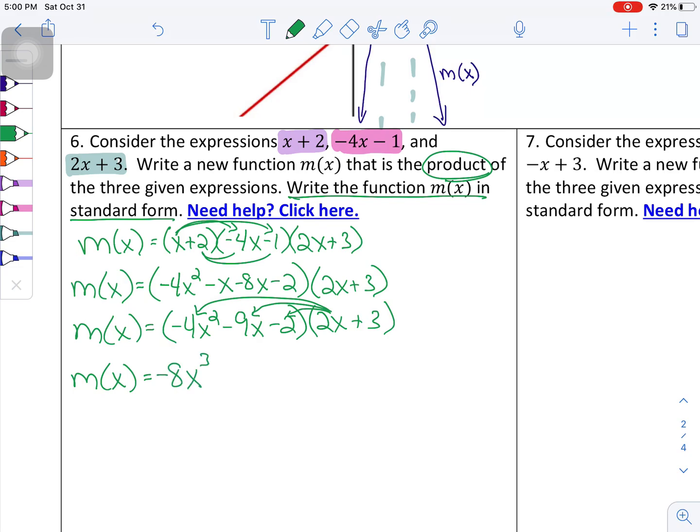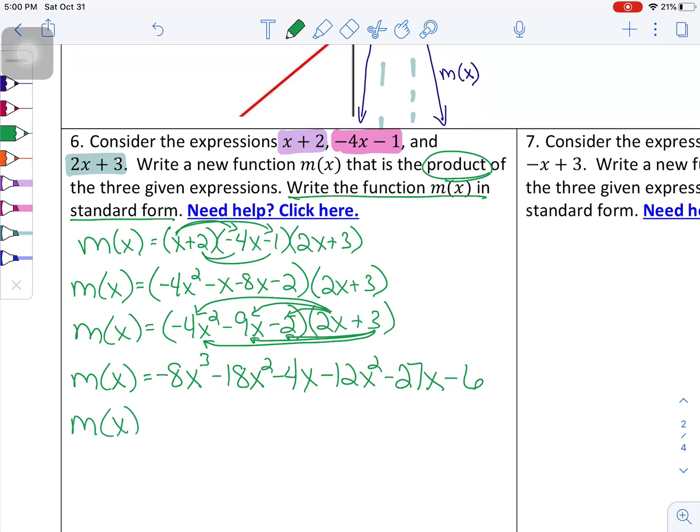So negative 8x cubed minus 18x squared minus 4x. Now I'm going to take that exact same thing, but this time I'm going to distribute that positive 3. So negative 12x squared, negative 27x, and negative 6. All right, so all the multiplication is done in this problem.